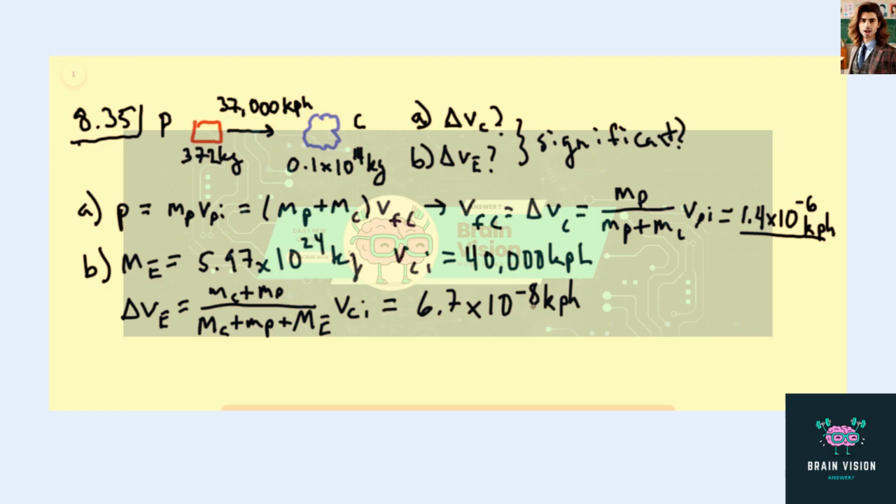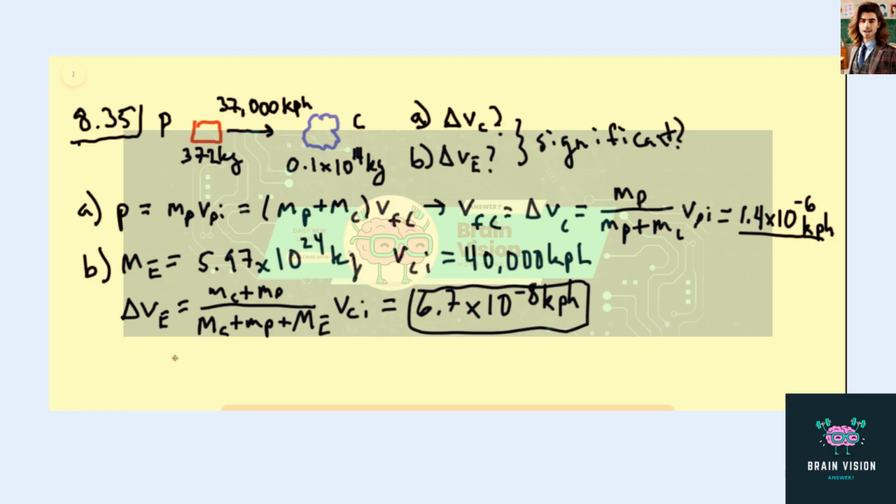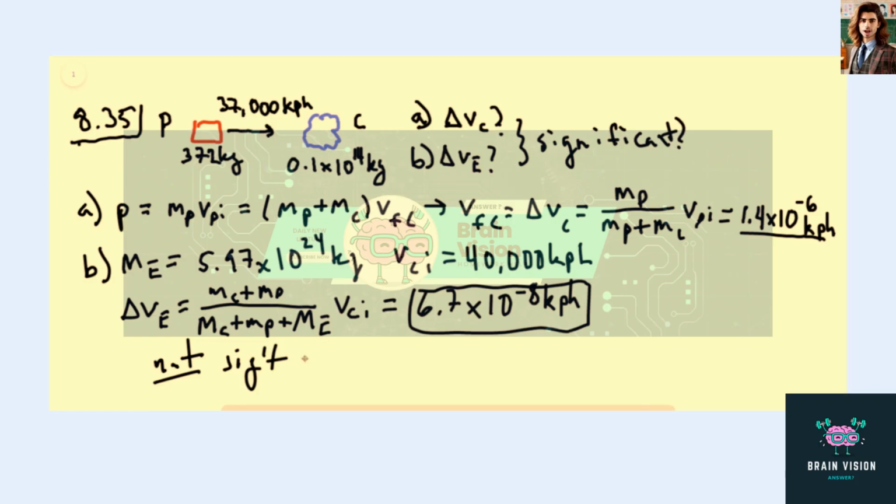It still ends up being quite a lot less because that's not quite how it works out. It's just for comparison purposes. And again, if this is difficult to even measure, this would be even more difficult to measure. So this is not significant in either case.